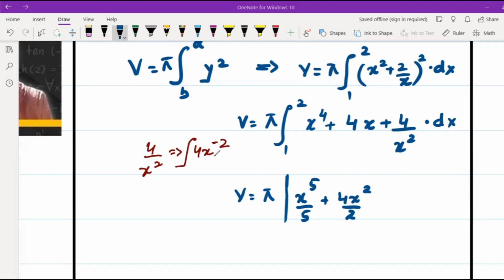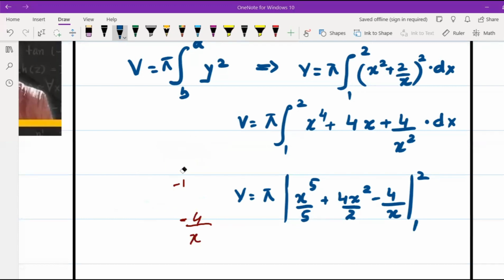When integrating this, this should be 4x to the power negative 1 upon negative 1. So we need to write this as negative 4 upon x, and the upper limit should be 2 and the lower limit should be 1.